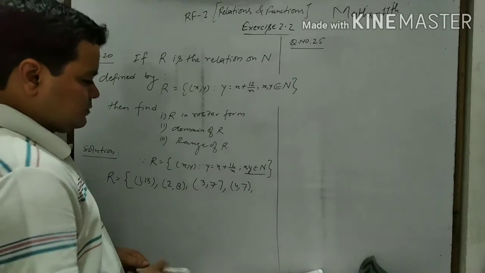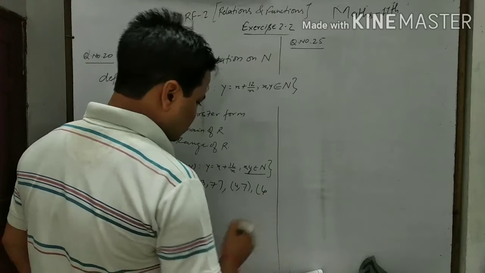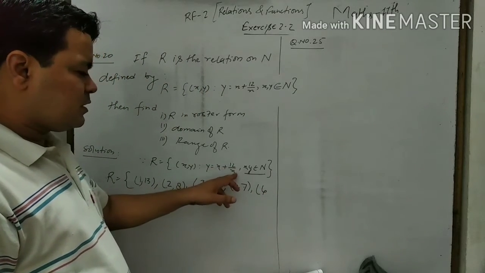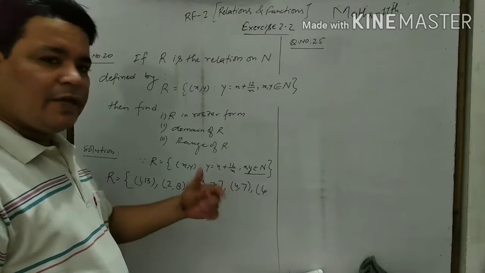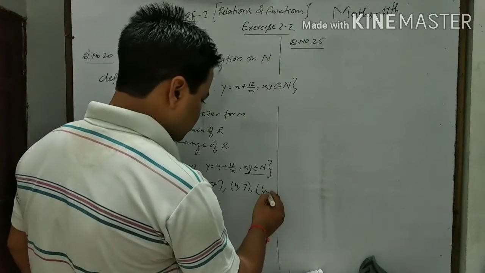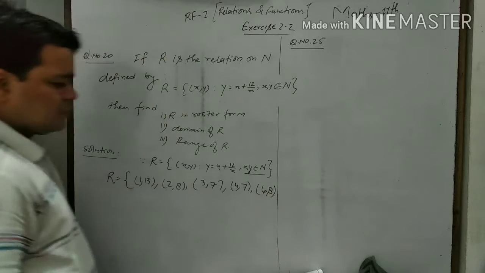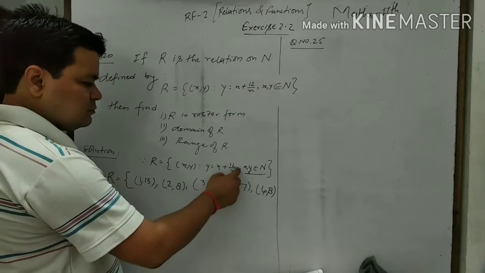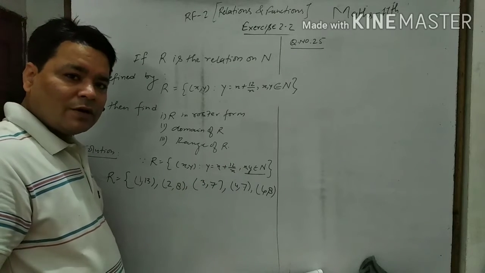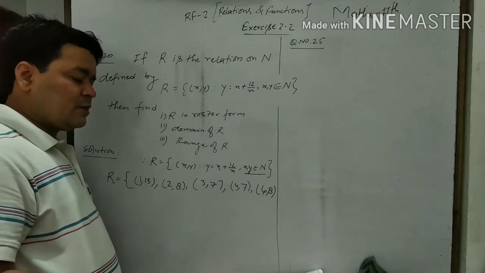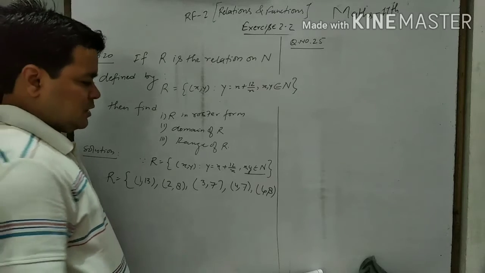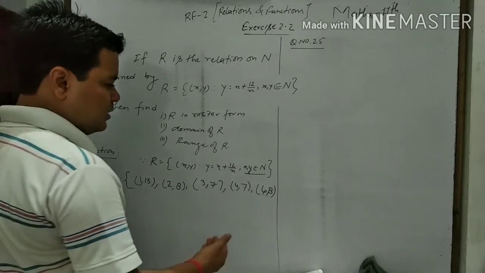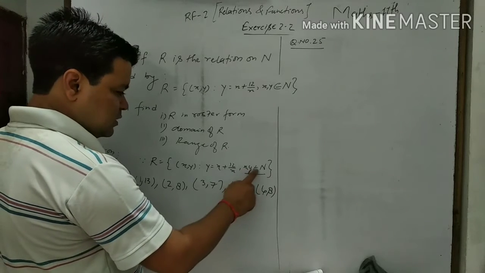We can take 6. Why? Because if we take 6, then 6 + 12/6, it will be 2, so the value of y will be 8, which is a natural number. Can we take 7? No. The condition is that not only x but also y should be a natural number.